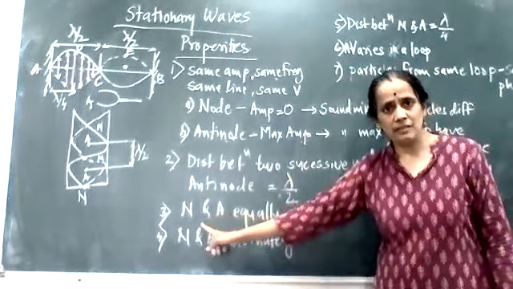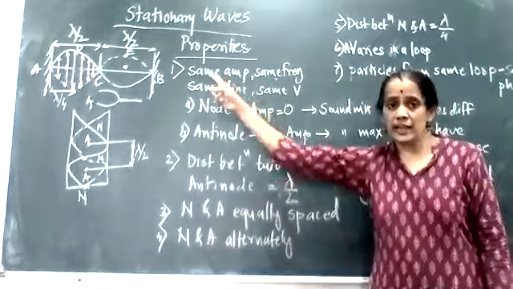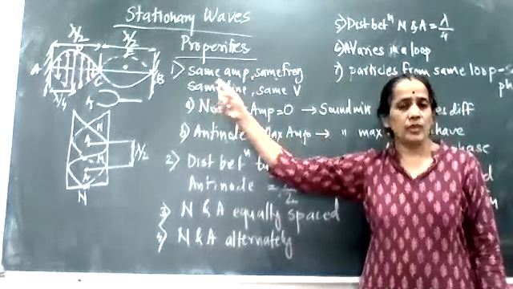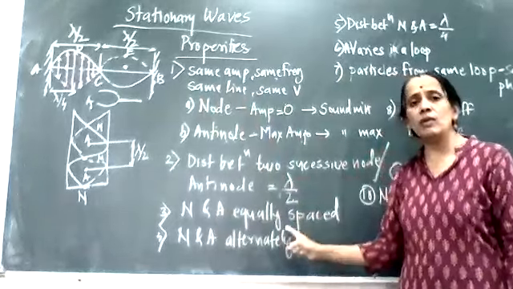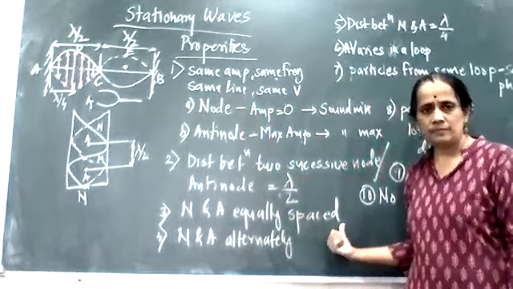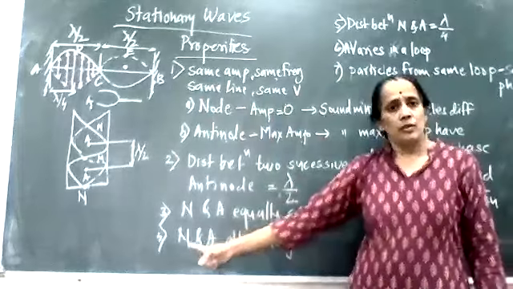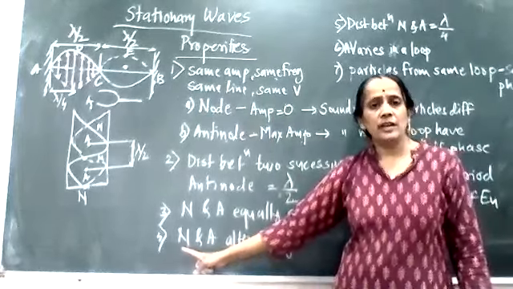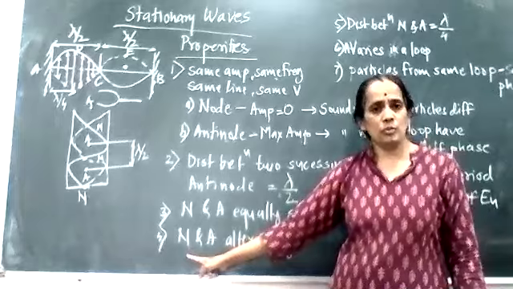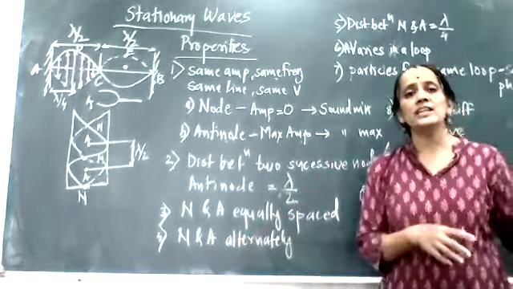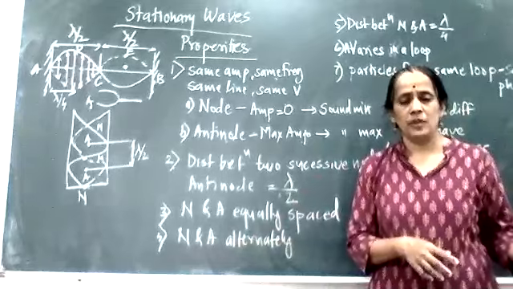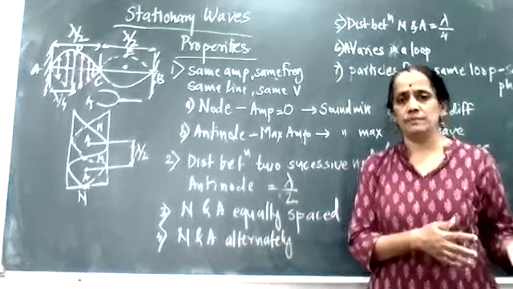Then, third, if we see the diagram carefully, we can see that nodes and antinodes are equally spaced. Means I can say that in a stationary wave pattern, fourth property, nodes and antinodes are alternately obtained.